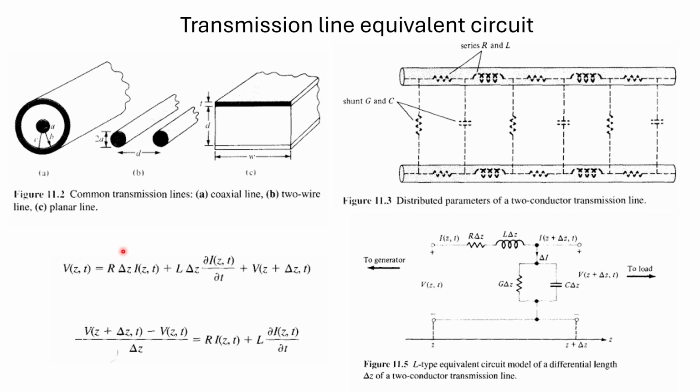As an example, let's draw this particular circuit for a two conductor transmission line. Suppose this is your two conductor parallel line. Suppose the diameter is 2a and the separation between the two conductors is d. So these are the two conductors.